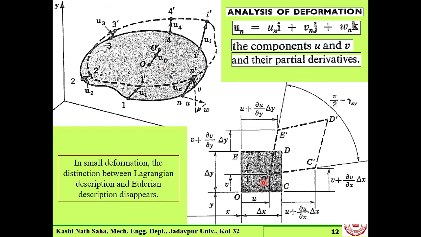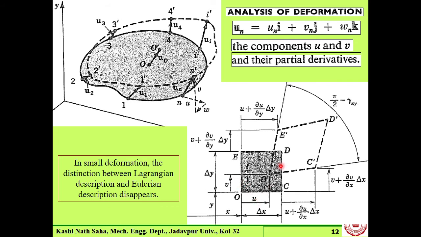In that case, this O prime has coordinates U and V, the displacement field at point O. What is the displaced position of point D? In the initial configuration, its coordinates are delta X and delta Y. So this D goes into the deformed configuration D prime. At point D, the displacement field is not U and V.